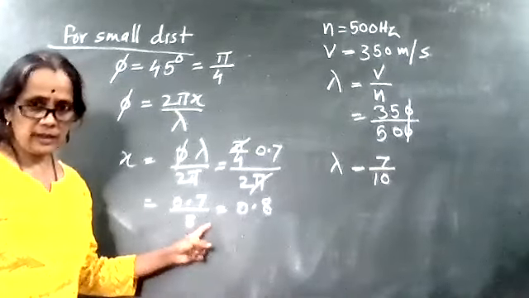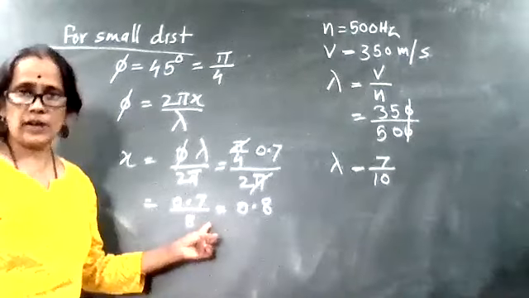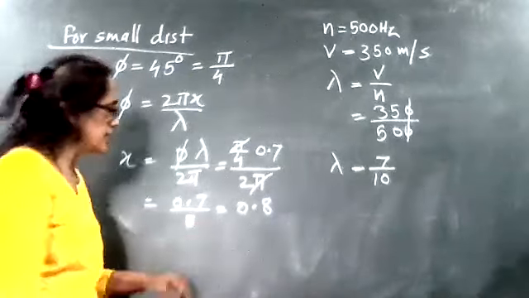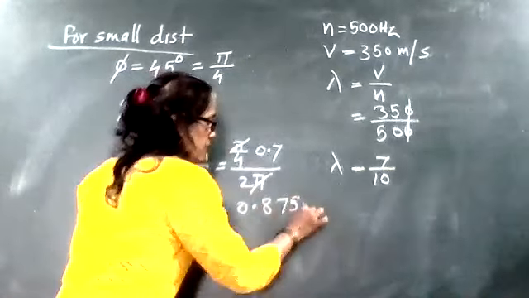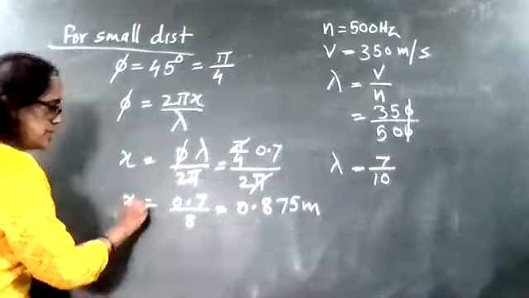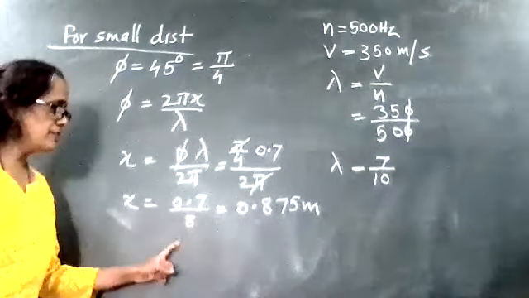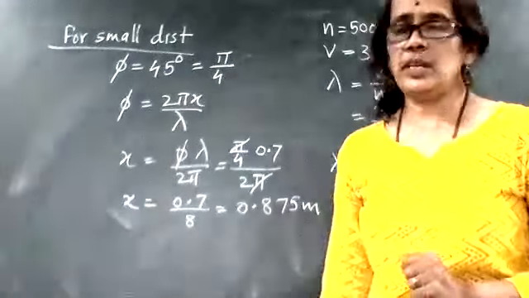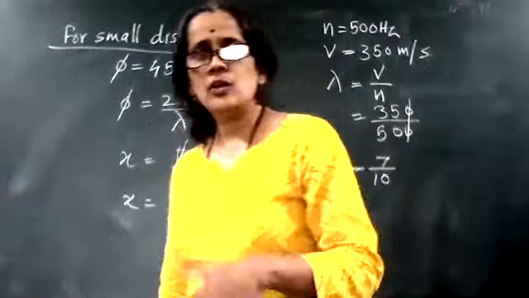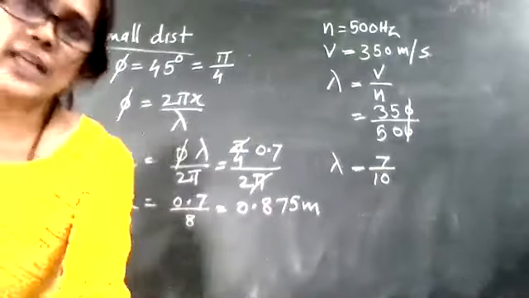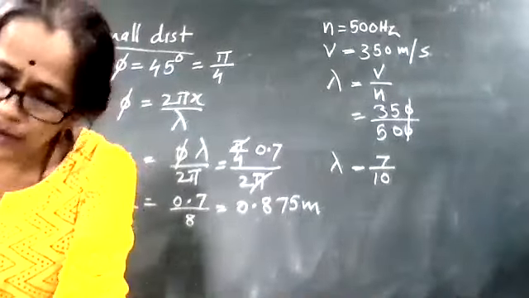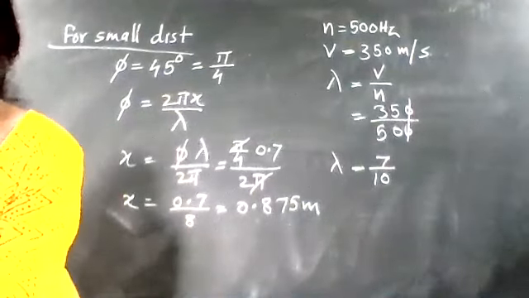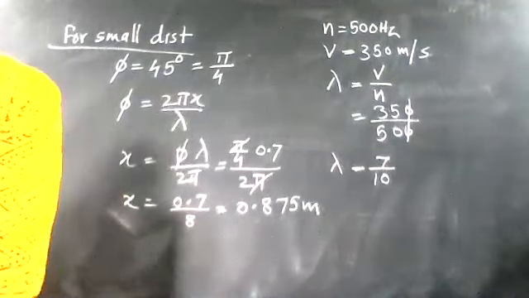Then 7 8s are 56, so here is 7, next is 5. So this much I am getting as the smallest distance. So 0.7 upon 8 is nothing but 0.875 meter. At that smallest distance, you will get the phase angle difference, which is nothing but pi by 4. Get it? Any doubt up till this? Okay. Then see problem number 11.